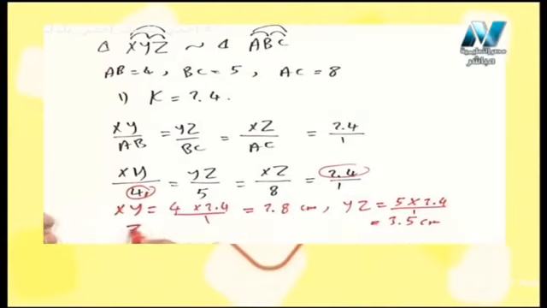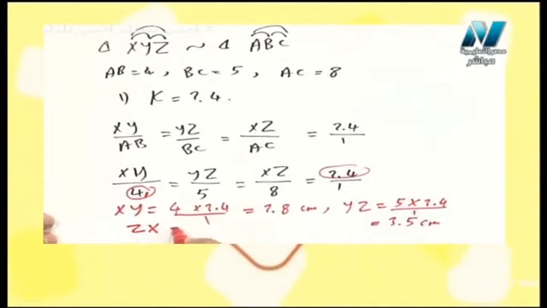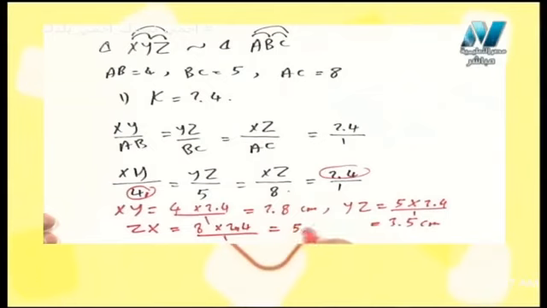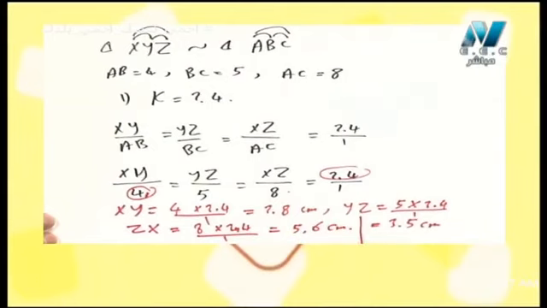And finally, ZX equals 8 times 2.4 over 1 equals 19.2 centimeters. Okay, and now we have all sides of the second triangle.